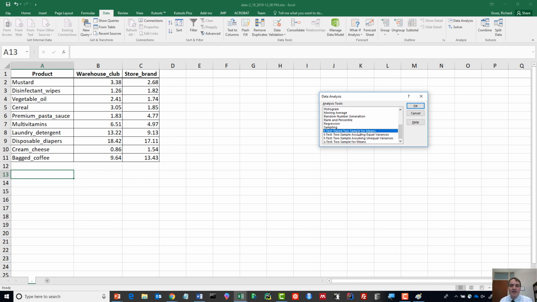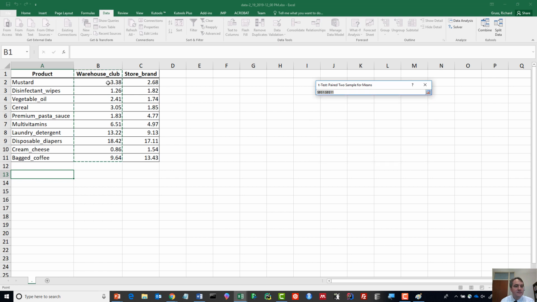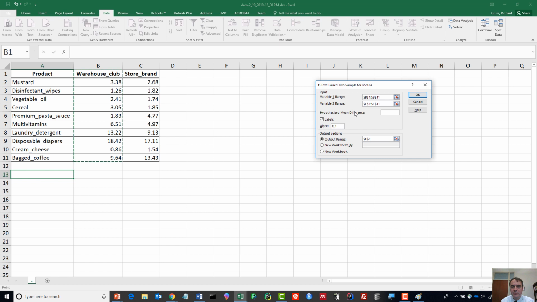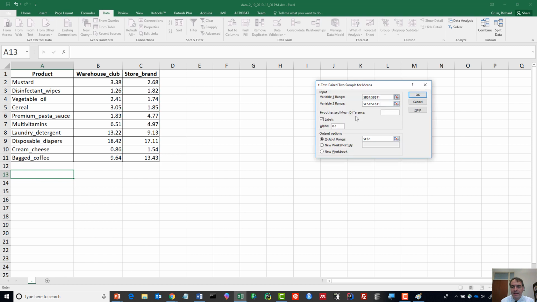But here we're doing t-test paired two sample for means. I'll select the warehouse club as the first variable range, and the store brand for the second variable range.